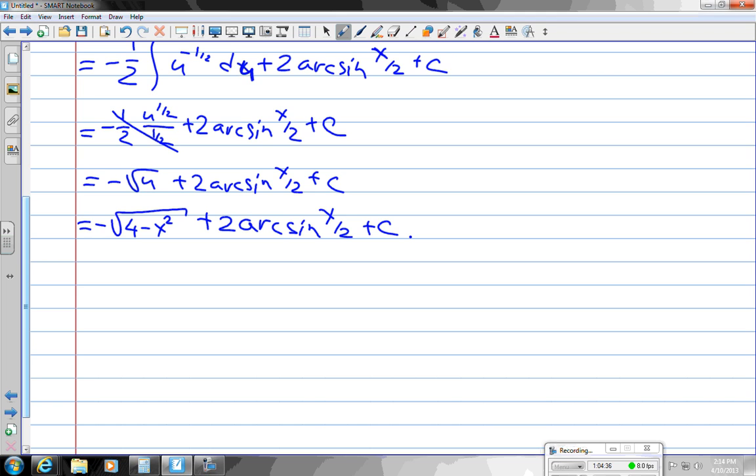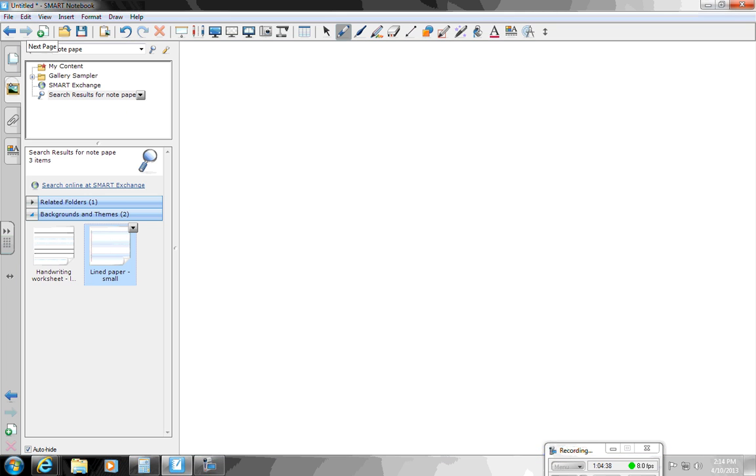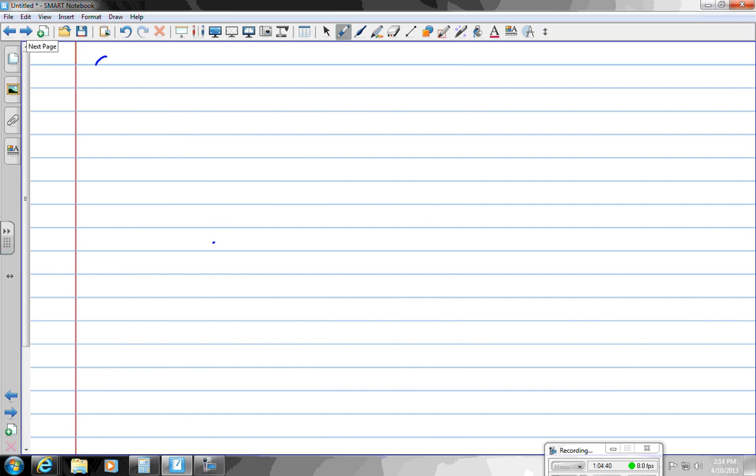All right, things get really funky if we do something like dx over x squared minus 4x plus 7. So that looks a bit ridiculous, all that in the denominator.